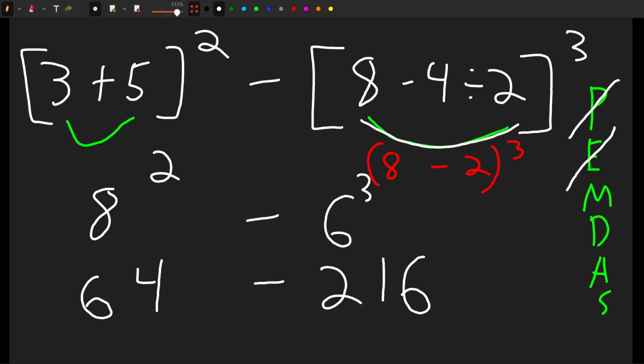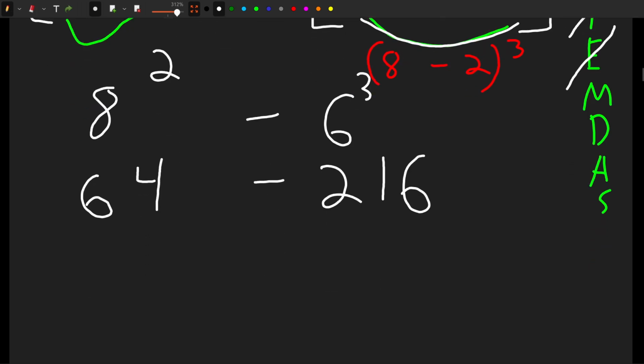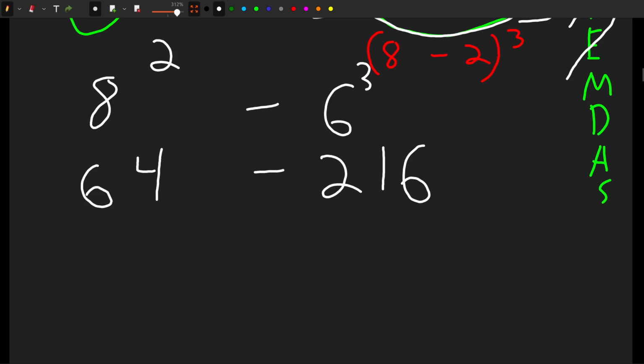Looking at the rest of my problem, I now have 64 minus 216. I don't see any multiplication, I don't see any addition, and I don't see any division. So now all that's left is just subtraction. And so 64 minus 216, we can do a little bit of shorthand here.